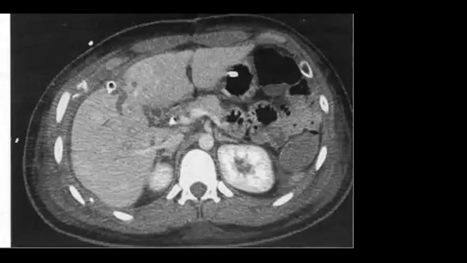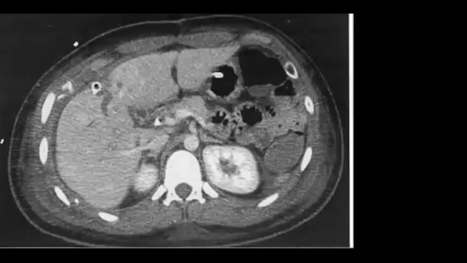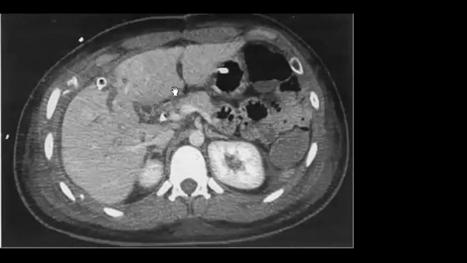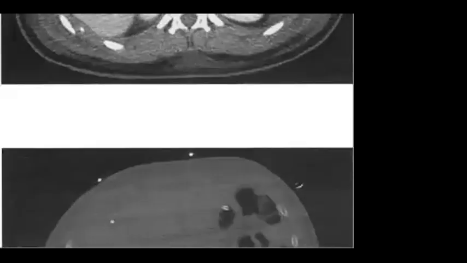And again, it is important to mention that there is no free air. I think if you didn't mention this in this case, you will lose many marks. Even if you describe everything else as fine, you should mention that there is no pneumoperitoneum, intraperitoneal gas. So liver laceration secondary to trauma, right pericardial effusion, and there are rib fractures.